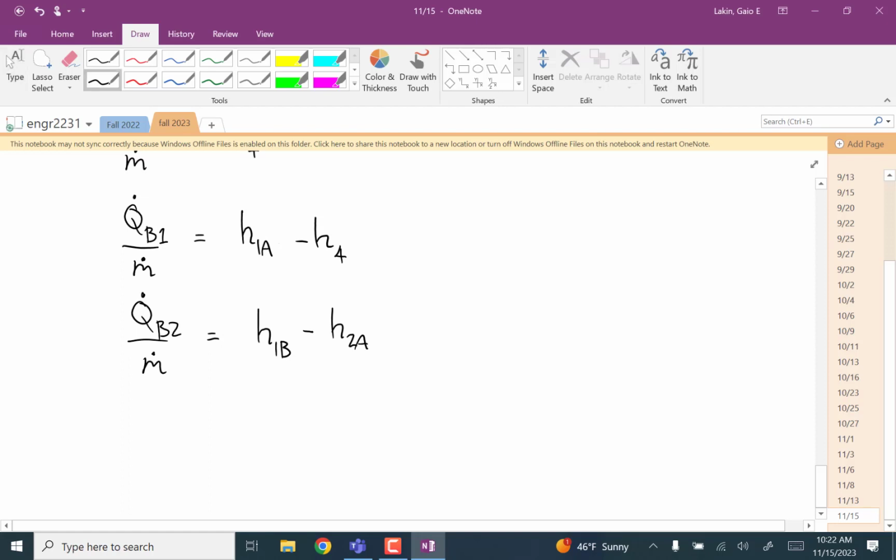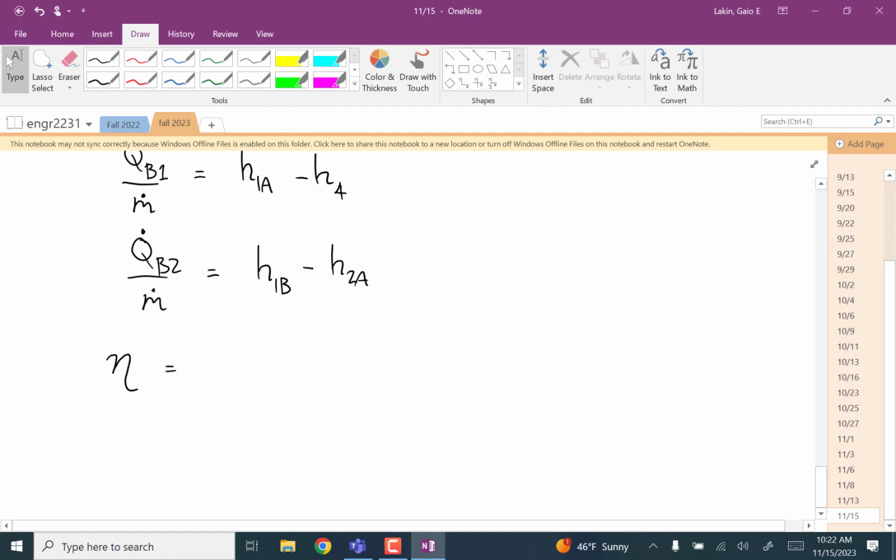Okay, so the easiest way to calculate this efficiency is just using all of these different specific enthalpies: H1A minus H2A plus the quantity H1B minus H2B. I'm just plugging in these things I just gave you. Minus H4 minus H3.